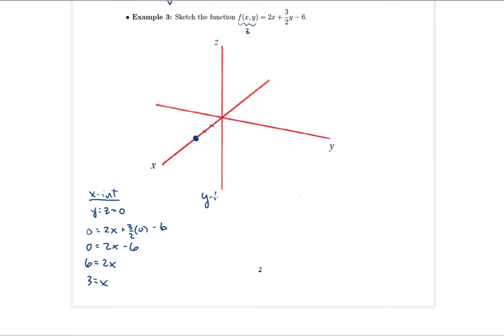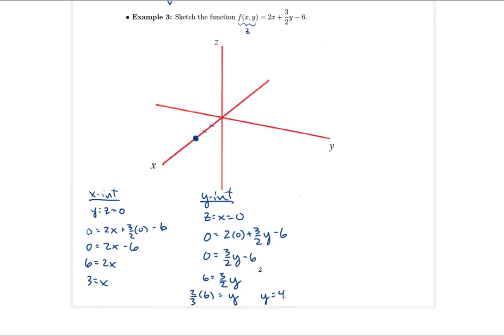And then my y-intercept. That's when z equals x equals 0. So 0 equals 2 times 0 plus 3/2 y minus 6. So 6 equals 3/2 y. And then 2/3 times 6 equals y, which is just going to be 4. y equals 4.